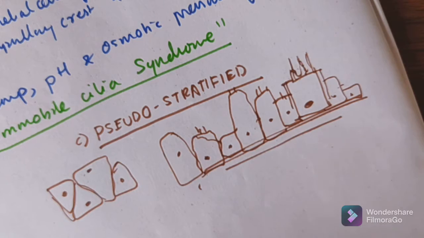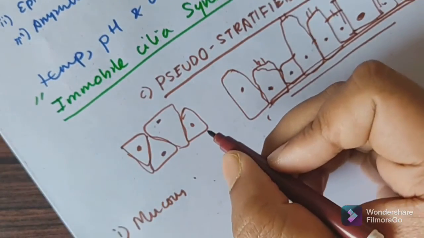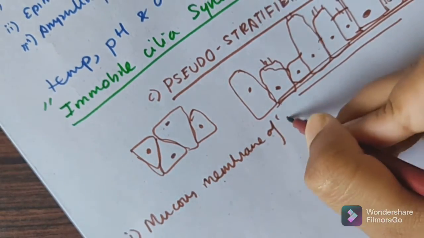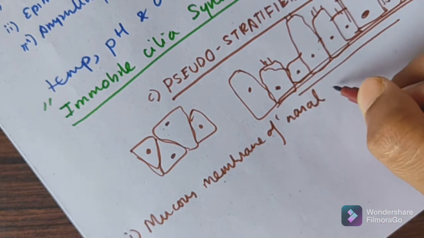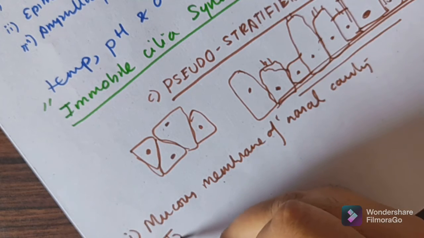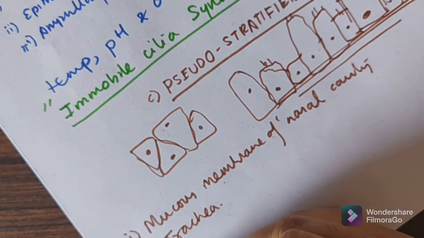Now, where is it found? It's found in the mucous membrane of the nasal cavity, in the trachea, and in the bronchi.